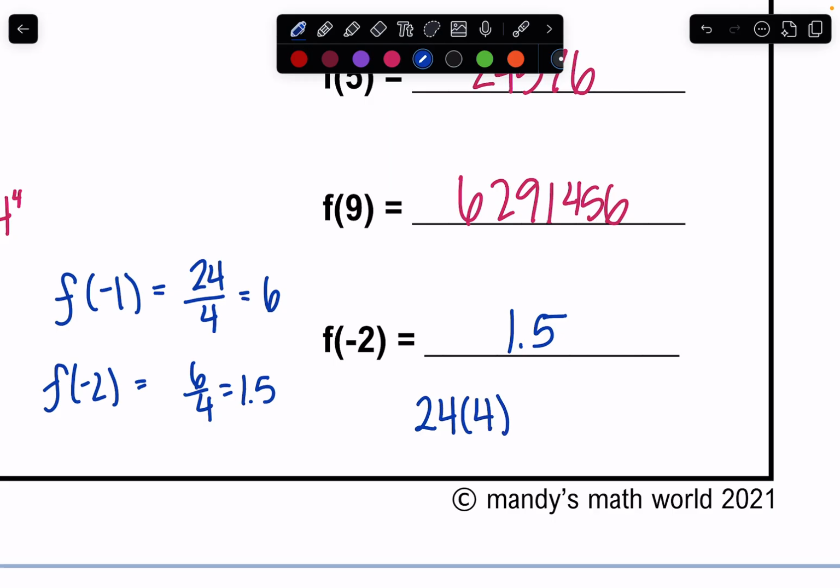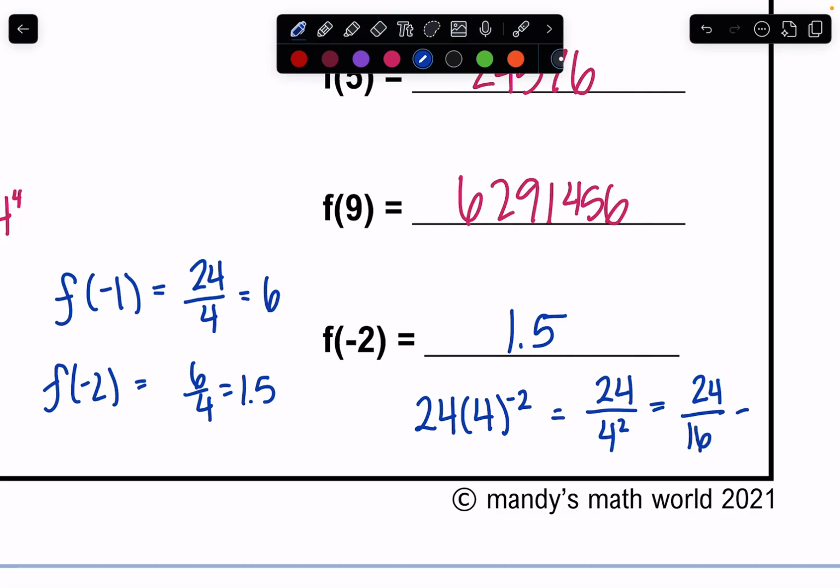Okay, so again, anything to the negative power is writing that as 1 over the function. So this is really the same thing as 24 over 4 squared, right? Because that 4 is being raised to the negative second power, not the 24, just the 4. So the 24 stays on top. I only need to move what's being raised to a negative power to the bottom. And so this is the same thing as 24 over, and we know 4 times 4 is 16. 24 divided by 16 is 1.5.